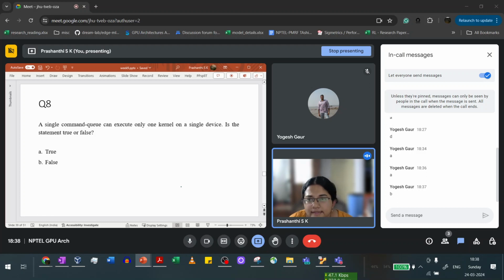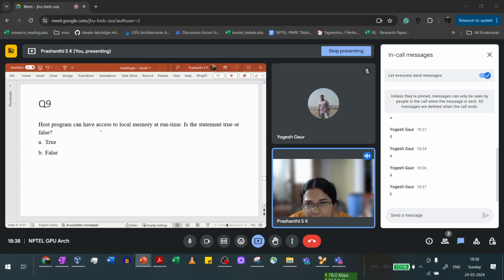B, false. Yes, that is correct, because you do have these multiple devices and you have parameters that you can specify in these commands that will tell it where to be executed and so on. So this command queue is not going to be only for one kernel on a single device. That is false.